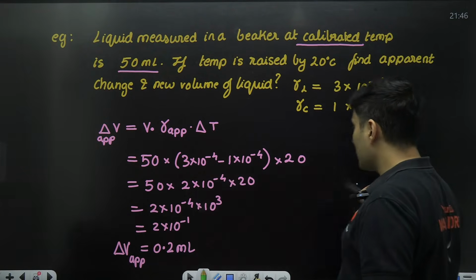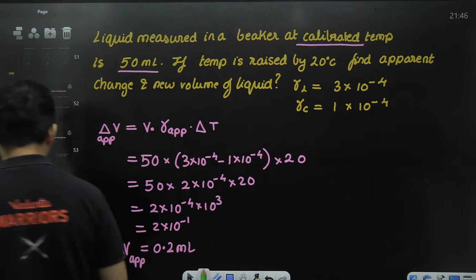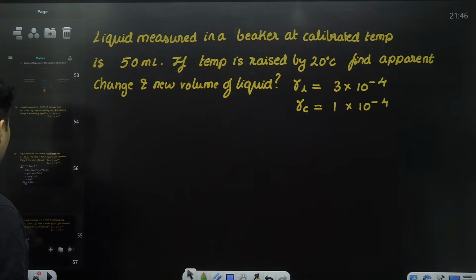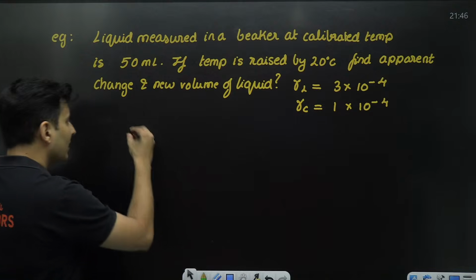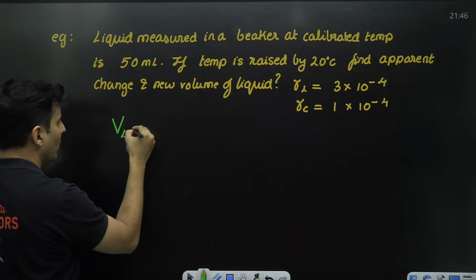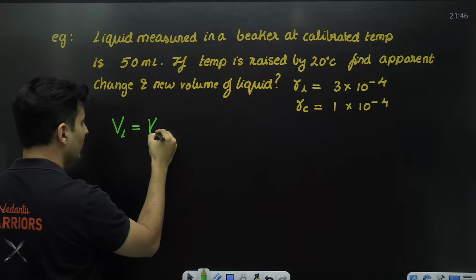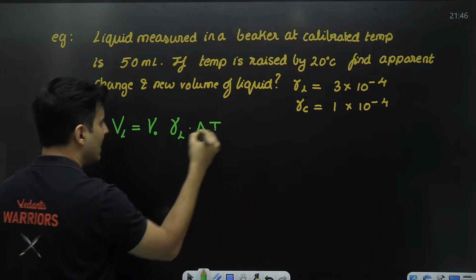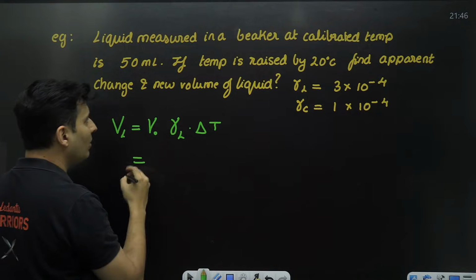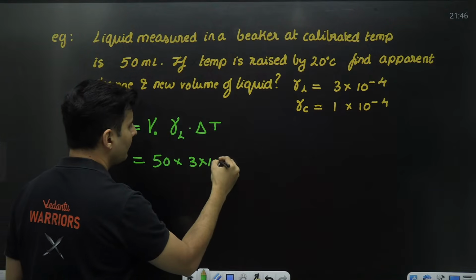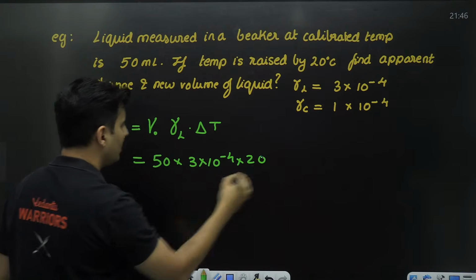But if the question says also figure out actually what is the new volume, then what will you do, guys? The actual volume of that liquid will be the original volume of that liquid into gamma of the liquid into delta T. The original volume of that liquid was 50 ml, gamma of the liquid was 3, delta T is 20.